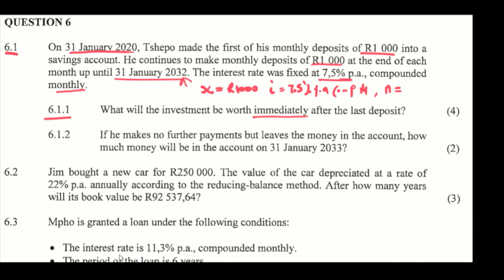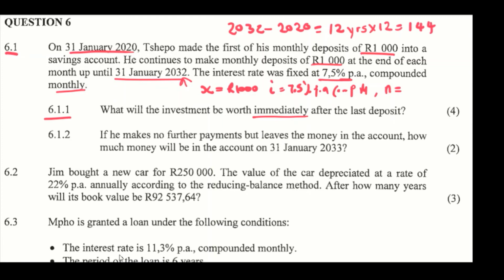Another thing is when you want to determine your number of payments, the n. You're going to subtract 2020 from 2032. Let me punch that into my calculator. I'm going to get 12, which basically means 12 years. Then you multiply the 12 years with the 12 months, so it's just going to be 144.